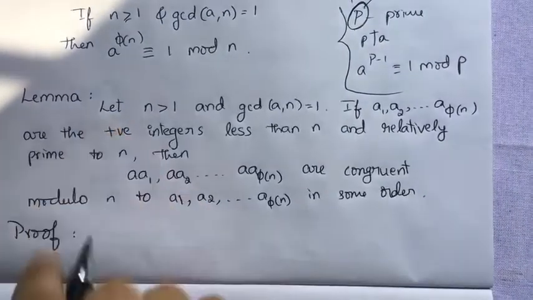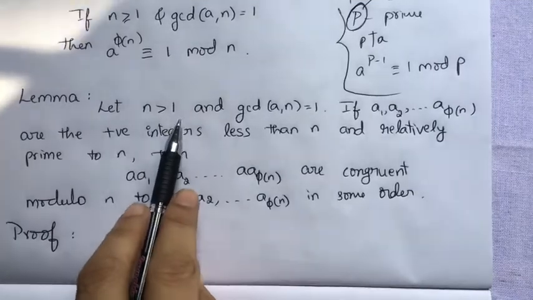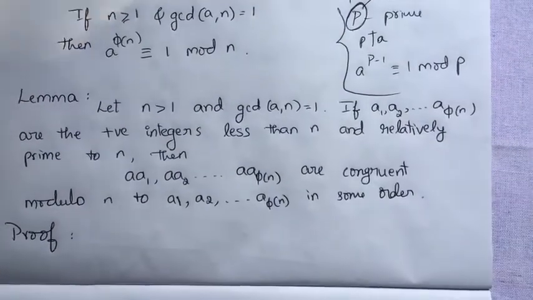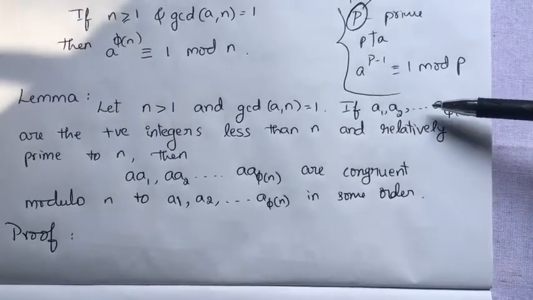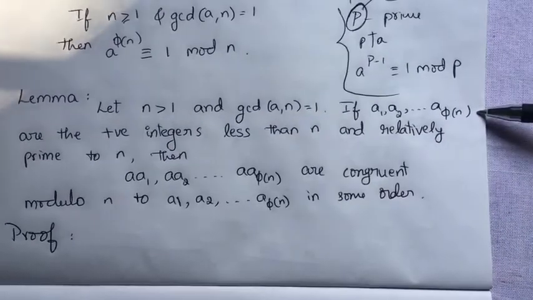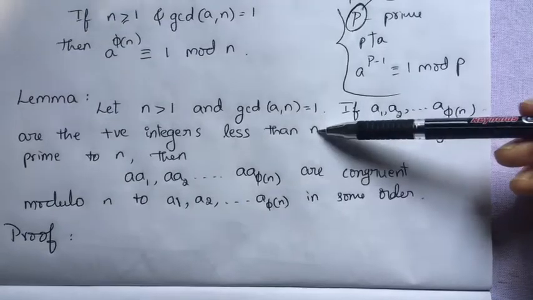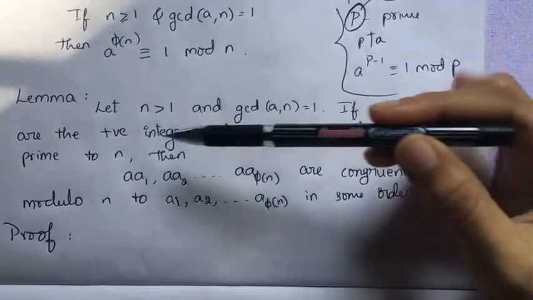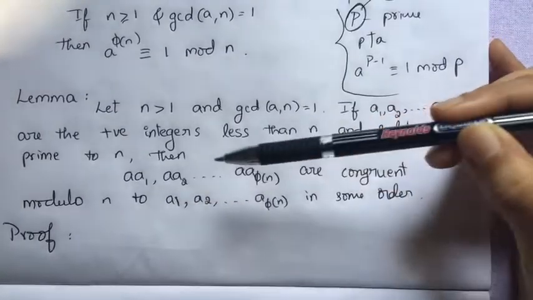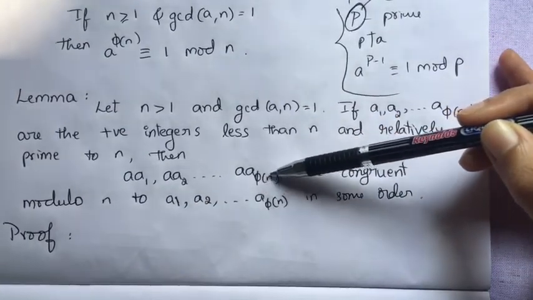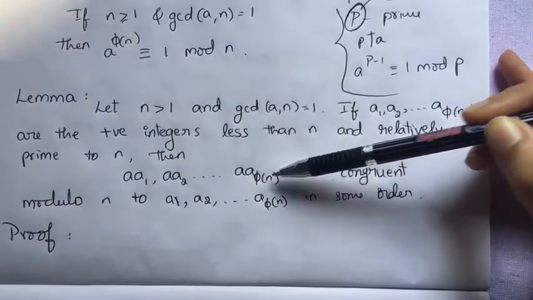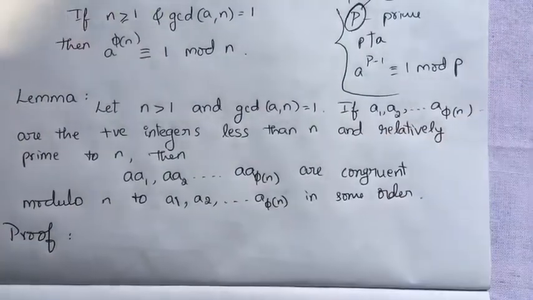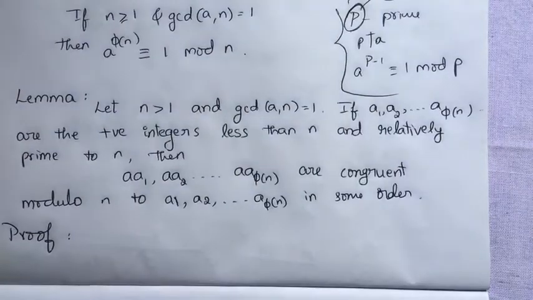The lemma says: let n be greater than 1 and GCD of a and n is 1. If a1, a2, up to a phi of n are the positive integers less than n and relatively prime to n, then a·a1, a·a2, up to a·a phi of n are congruent modulo n to a1, a2, up to a phi of n in some order.